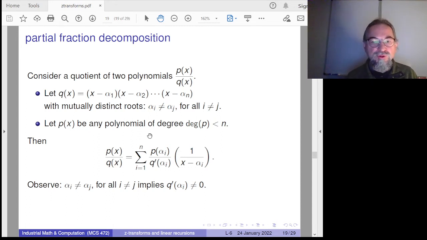Alright, if you took numerical analysis, then the condition of mutually distinct points may look familiar to you. You may remember the interpolation problem. For the interpolation problem, we also wrote it that way, that for the points with different indexes, there were different values.